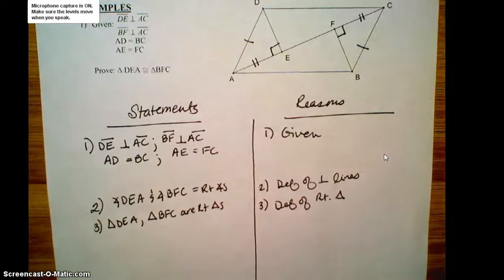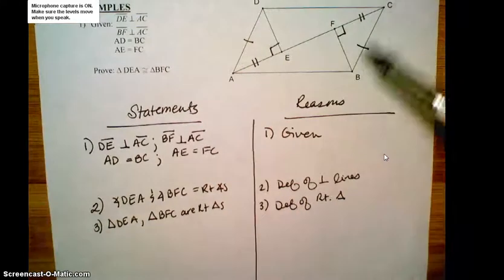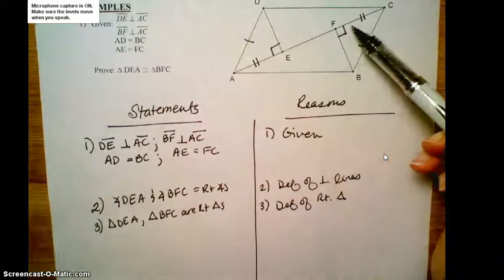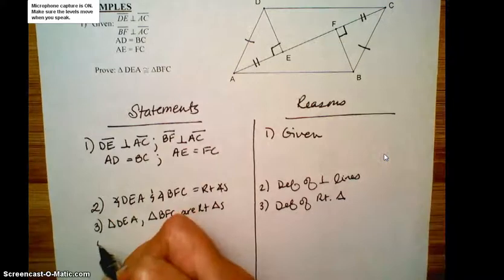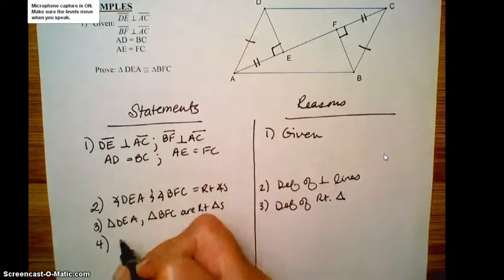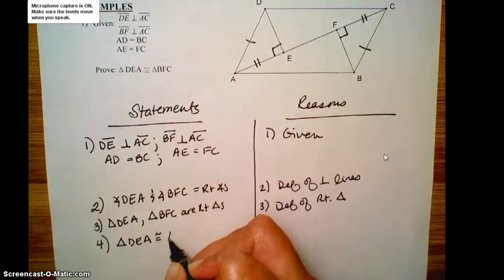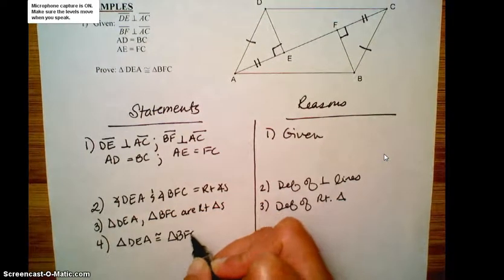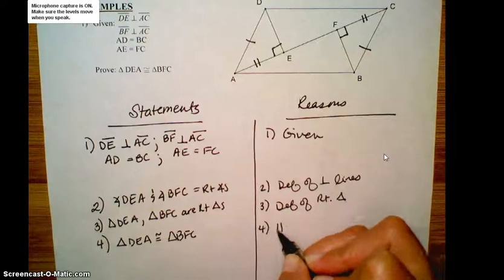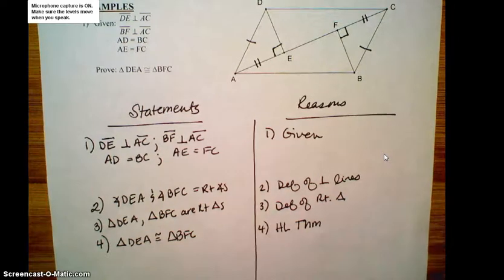As far as the congruent hypotenuses, that was AD and BC, and the congruent pair of legs was AE and FC, and we're pretty much close to being done. So we're going to say those two triangles must be congruent to each other because of the hypotenuse leg theorem. And that is it for this proof.